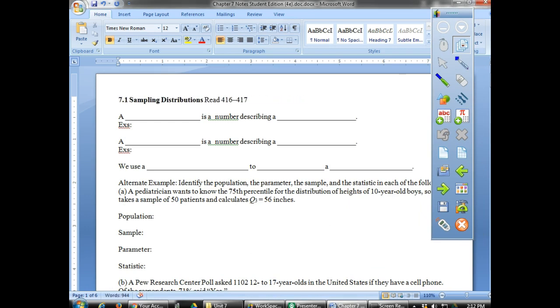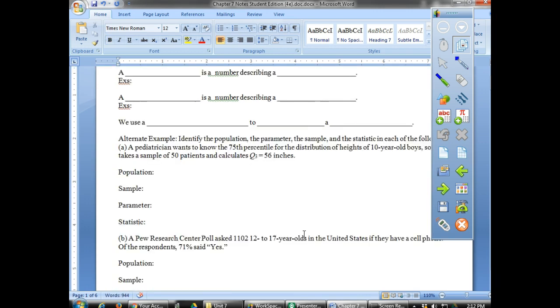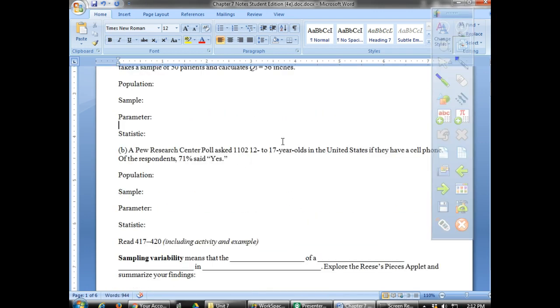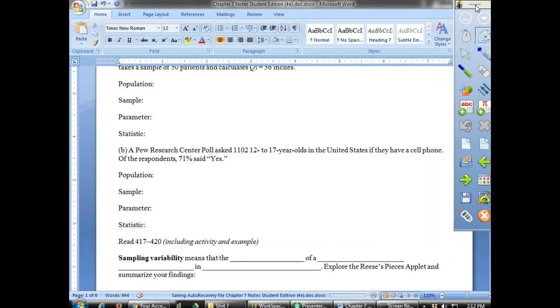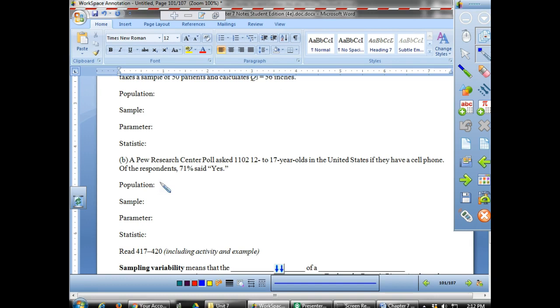Okay, a Pew Research Center poll asked 1,102 12 to 17-year-olds in the United States if they have a cell phone. Of the respondents, 71% said yes. The population is going to be U.S. teens, specific to these 12 to 17-year-olds.